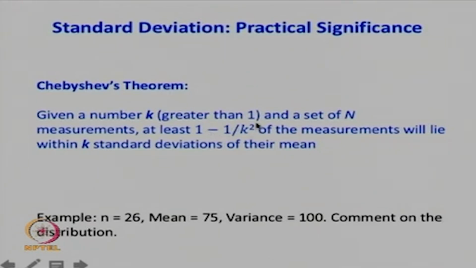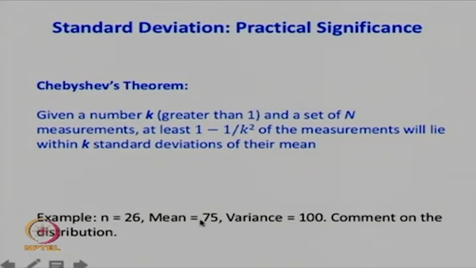So, if I substitute k equal to 2, that would become 1 minus 1/4, which is 75% of the measurements are expected to lie within 2 standard deviations of the mean, which means 75% of the data will lie between mu or x bar minus 2 sigma and x bar plus 2 sigma.